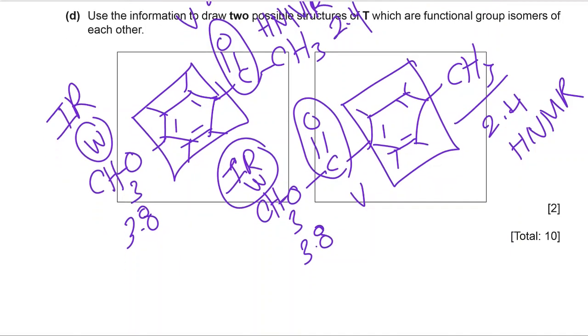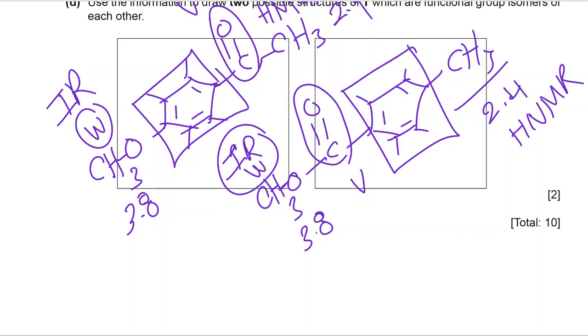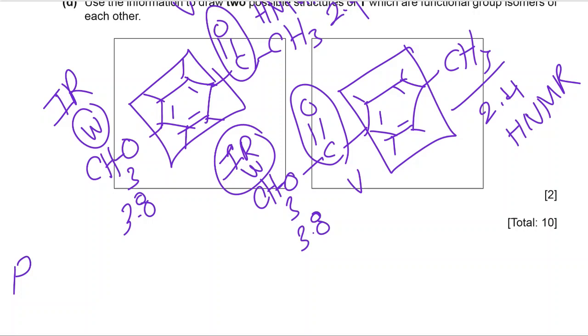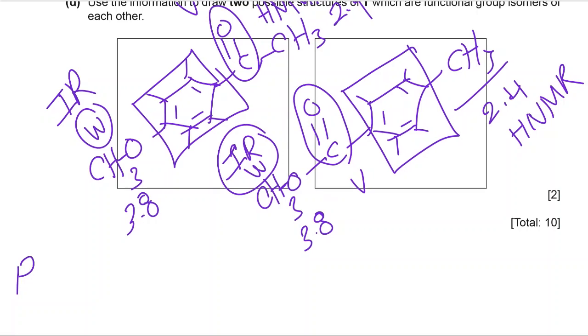The name of this first one, we can say, is para-methoxybenzophenone.